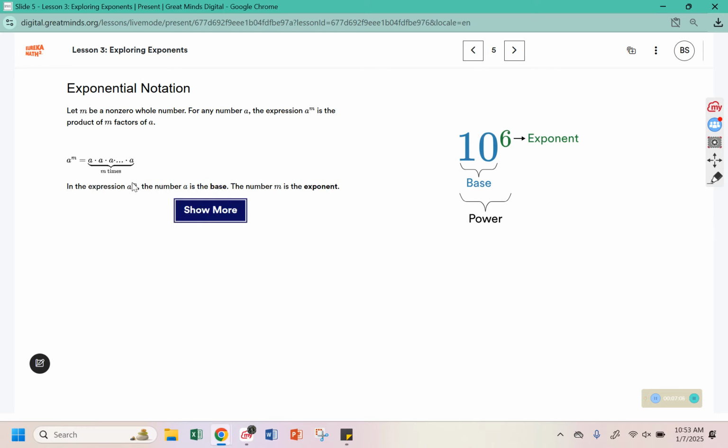In the expression a to the m power, the number a is the base, and the number m represents the exponent. A to the m is called m power of a. And we read it as a to the mth power. So this one would be 10 to the 6th power.